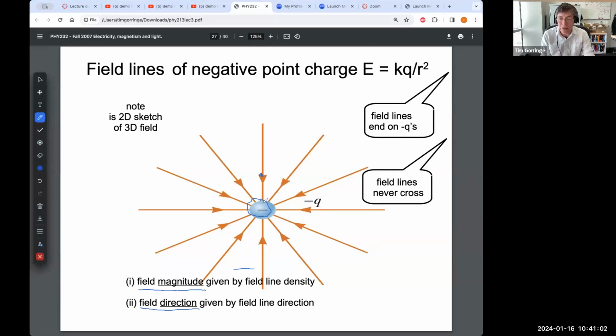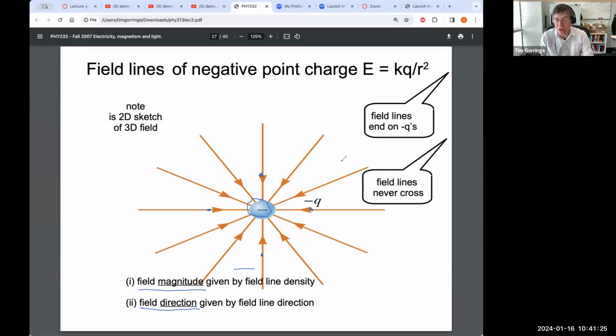The field is pointing towards the negative charge, as we've discussed before. If you're downstairs here, the field lines are pointing up, pointing towards the negative charge. If we're over here on the left-hand side, the field points towards the right, the negative charge. If we're over here on the right-hand side, the field points towards the left, towards the negative charge. So the direction is encoded in the direction of the field lines.